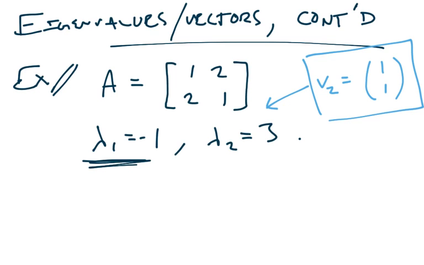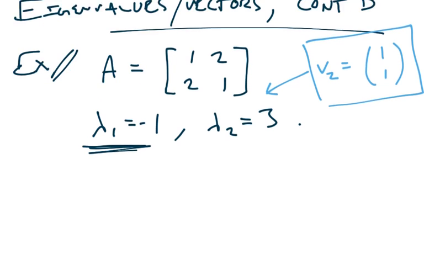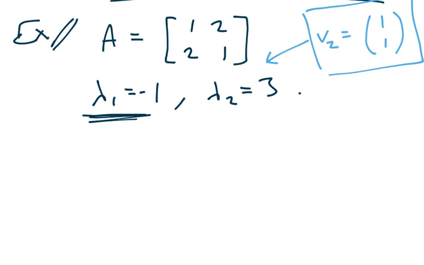Now I want to work out the one for lambda 1, which is negative 1. So if we do this, we are trying to find the eigenvector associated with it. Also, the reason why I called this one V2 is because it was associated to what I called lambda 2. That's the only reason I called it V2.